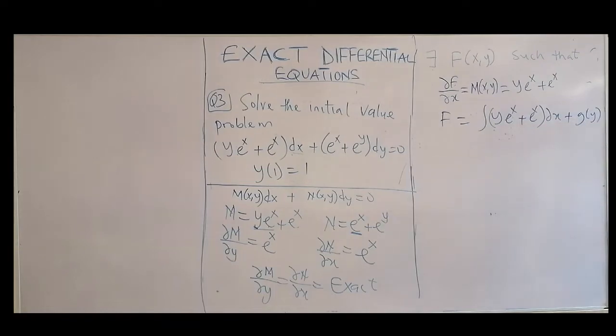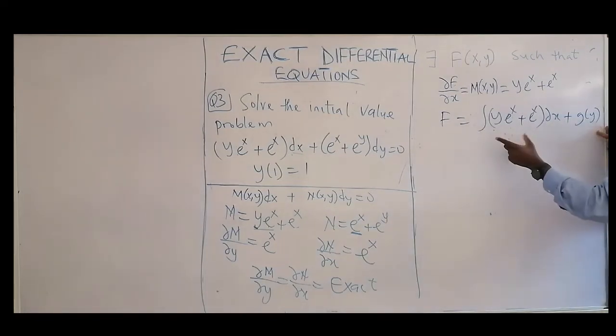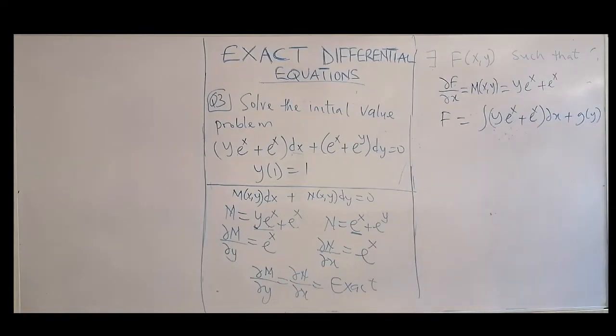I've explained that: once you are integrating with respect to x, your constant will be g of the next variable, g of y. Once you get the integral and you can get your g of y, that's the solution. So the target now is to get g of y. Let's see the steps to get it.